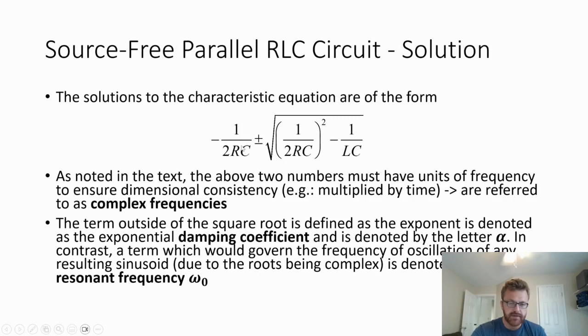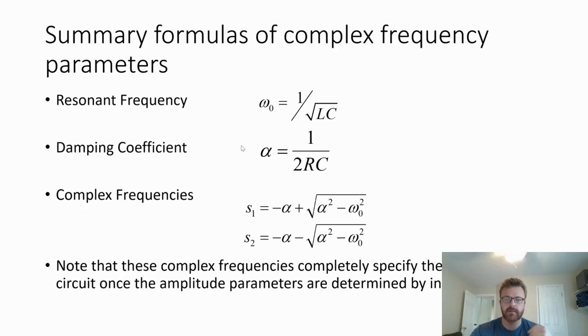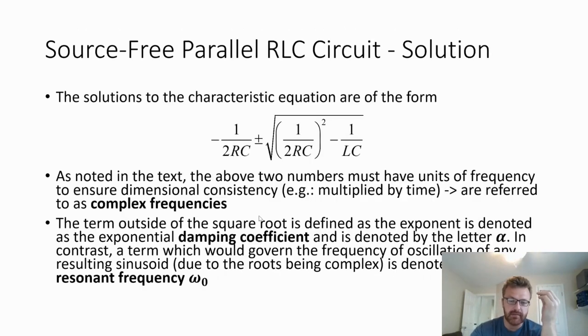This is the damping coefficient because if you plug this into the argument of e and then use your properties of exponents, what you will find is that that always is an e to the minus something t term. So it's always going to be decay. That is your resonant frequency, and we won't go into why that is because we want this video to be short. And you can rewrite the actual complex frequencies that we had here.